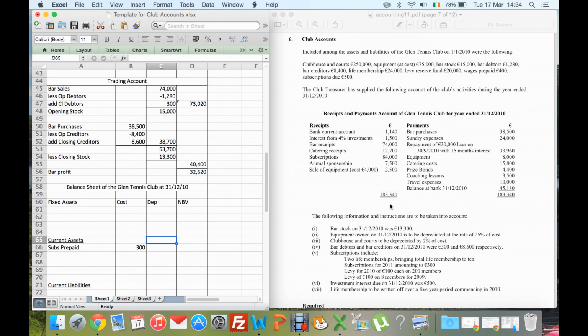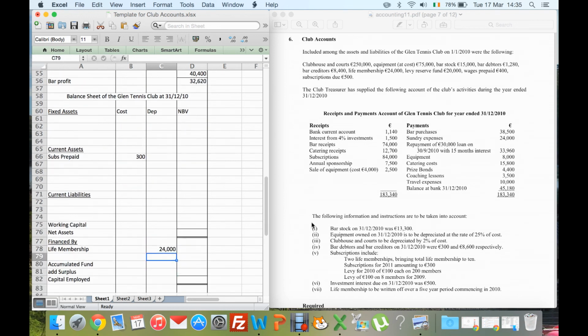So we just need to add on this year's, so it's 100 each, 200 members, so that means 20 grand. Current figure is 20 grand, so that goes up to 40 grand. Sorry, that should be 40.